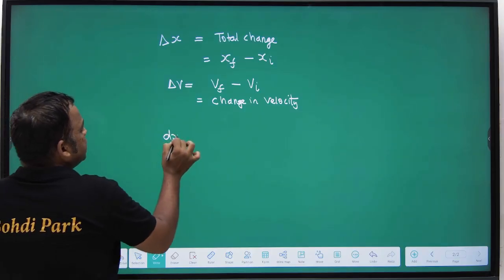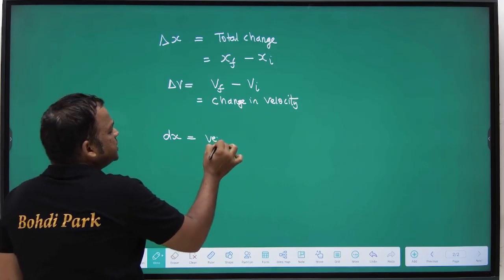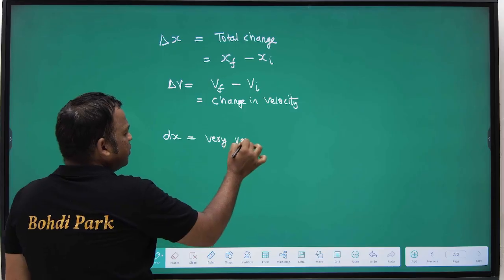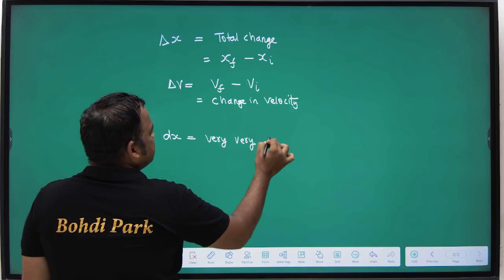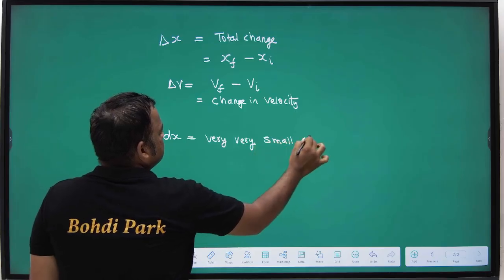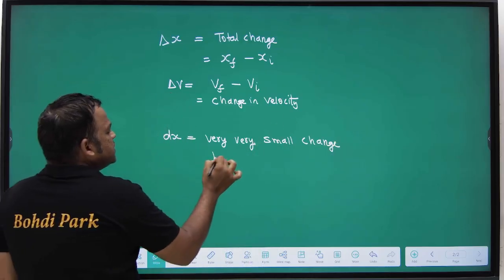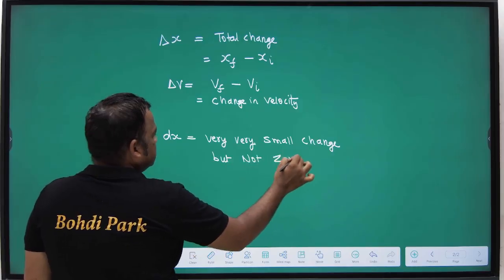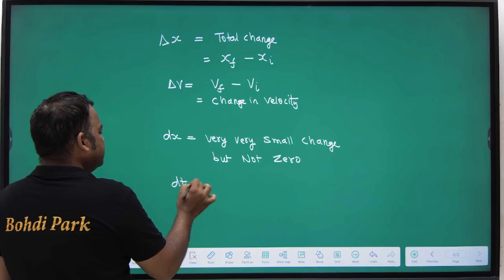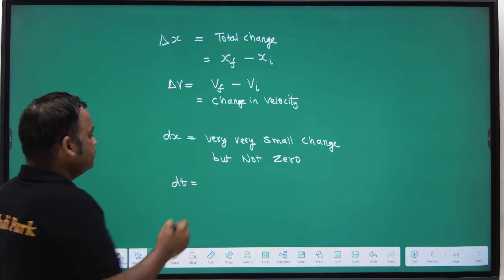Then what is dx? dx is a very small change. It is so small, but not zero. It is a very small change, but not zero. Similarly, dt is a very small change in time, but not zero.